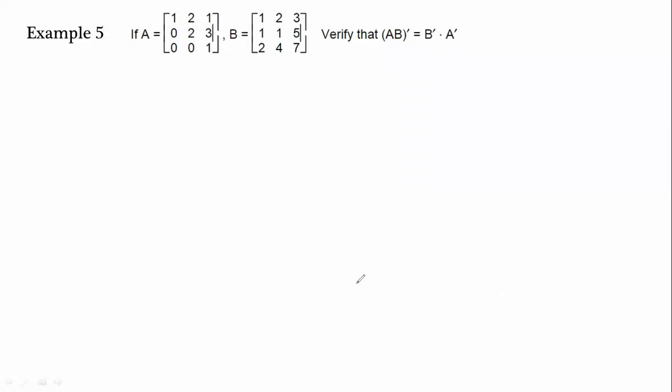Okay, again, it's a matrix of 3 by 3. How are we going to solve? Find out first AB. Say I'm writing step 1. Find AB first. Okay. Step number 2. Find AB transpose. Okay.